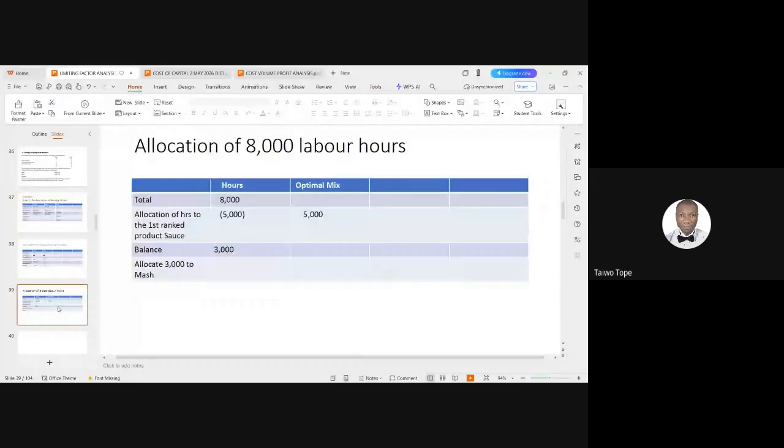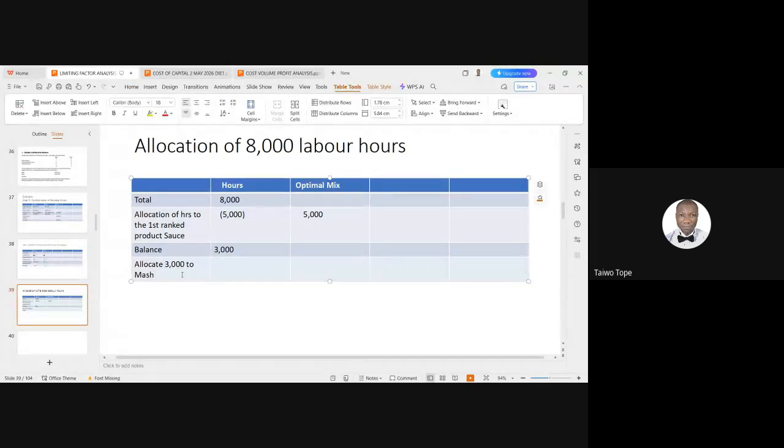If you have 3,000 hours, how many units can you produce? 3,000 divided by 2 gives 1,500 units. Multiply 1,500 by 2 and it gives 3,000.